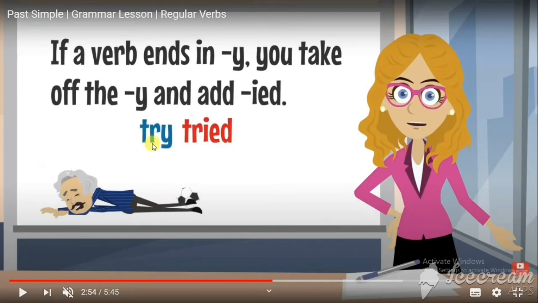So we drop the Y and add I-E-D. Try, tried. If the verb ends with Y and before the Y we have a consonant letter, we drop the Y and add I-E-D.